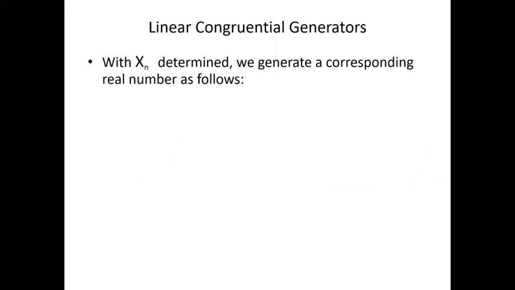Whenever xn is determined, we also need to find a corresponding real number corresponding to that xn. We call that Rn. So how do we find this real number? Again, there are two options. Either you take xn and divide it by the floating point equivalent of m, or you divide it by m minus 1.